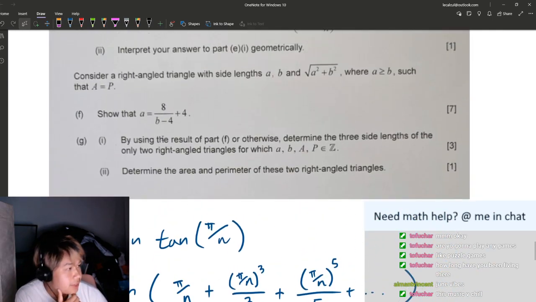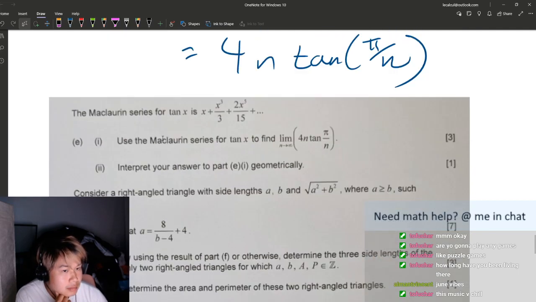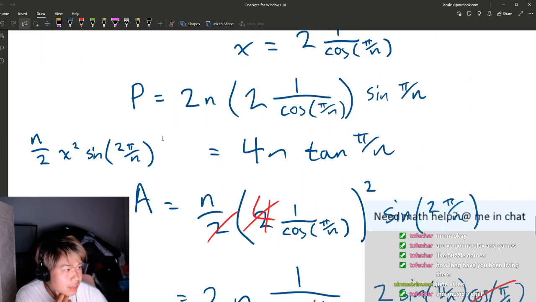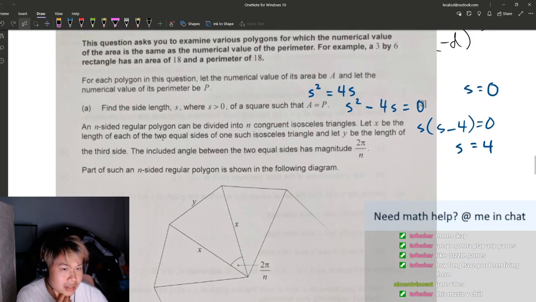This one's also 7 marks. Before I solve for a, I'm just gonna think here for a second. Does this have anything to do with what we've done earlier? Or is this just another question?